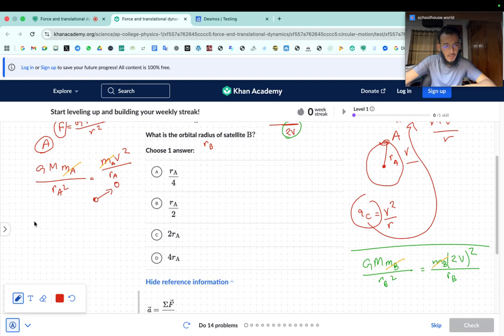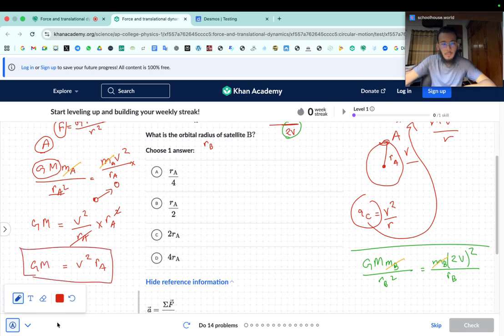So if we make GM the subject, we get v squared by rA times rA squared. So we can cut rA from one like this, and we're left with v squared times rA. We multiplied both sides with rA, so this cancels out. Now we know that GM equals v squared times rA.